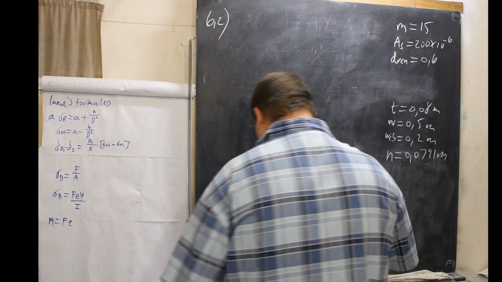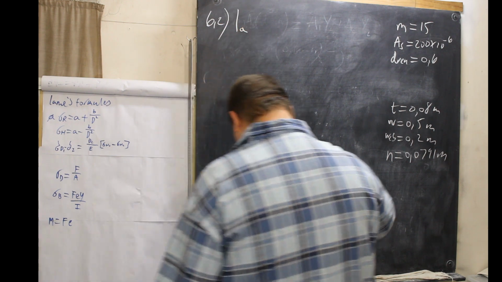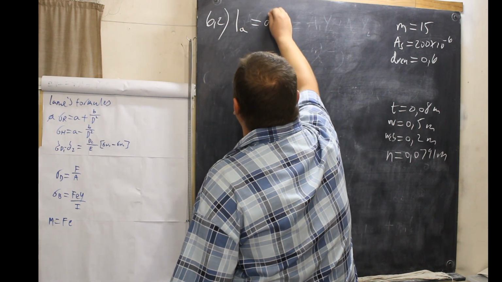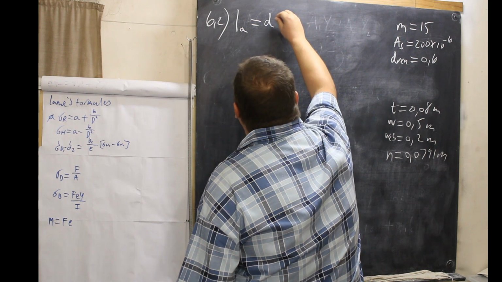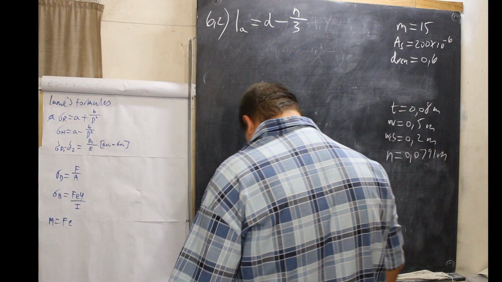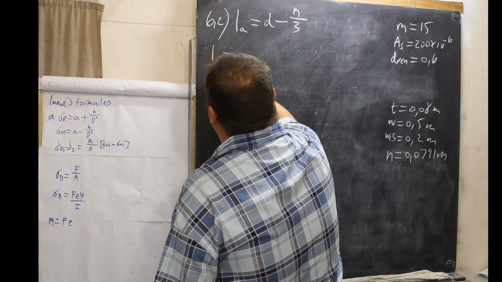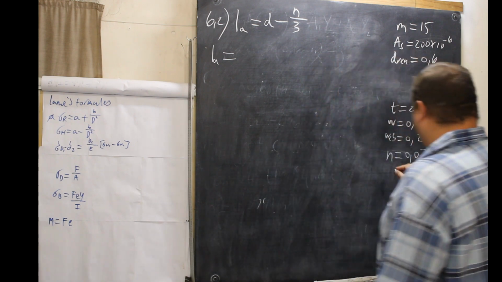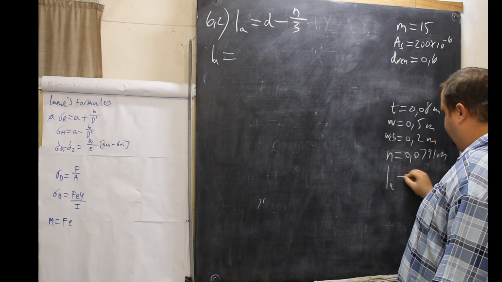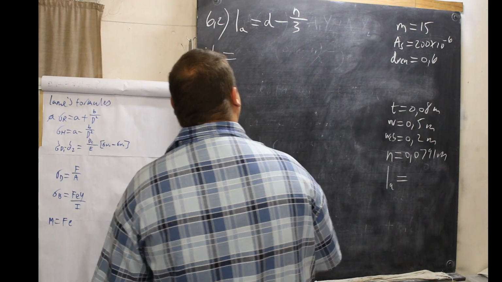So what we need to do first is take LA equals D minus N over 3. LA will be very important later.